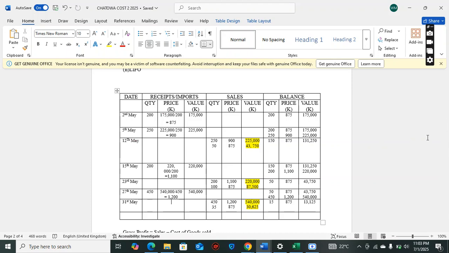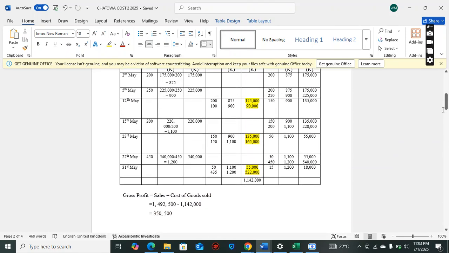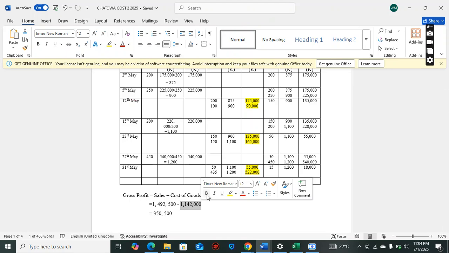Since the price is increasing, every time we bring in a new batch of solar panels, they are more expensive. Under FIFO, we sell the first ones that came in, and those were cheap. Since we're selling the cheaper ones first, our cost of goods sold is lower. Have you seen? Here in FIFO, cost of goods sold is 142 because we're selling the cheaper goods first.